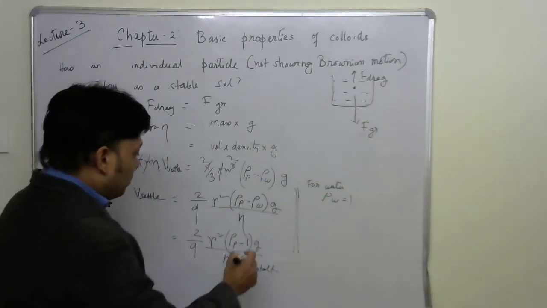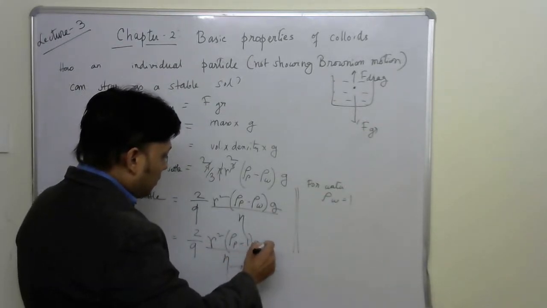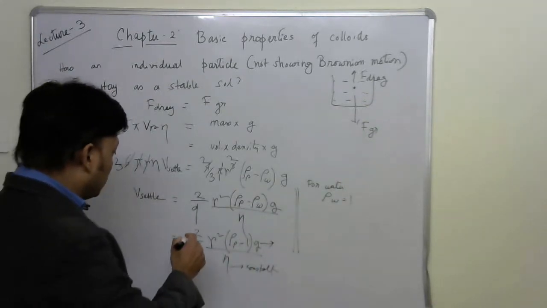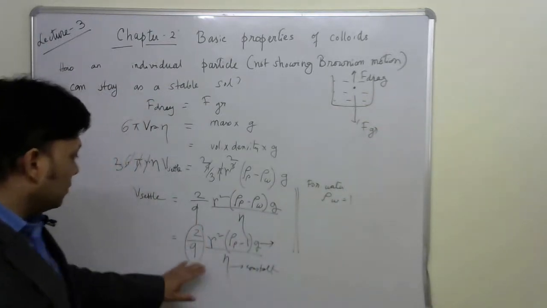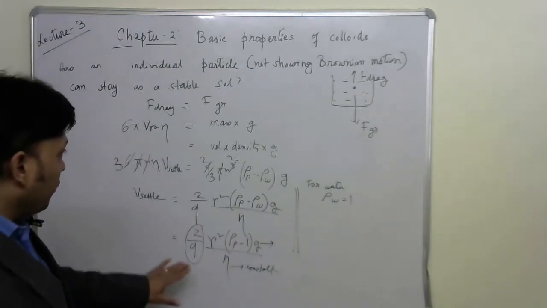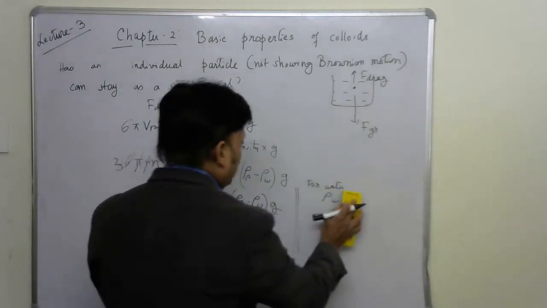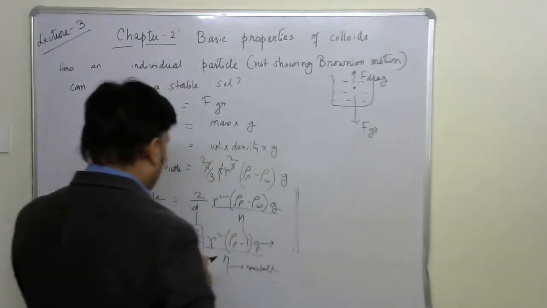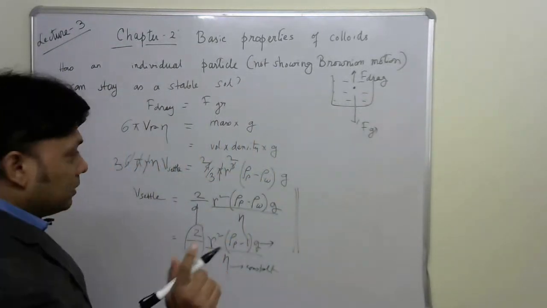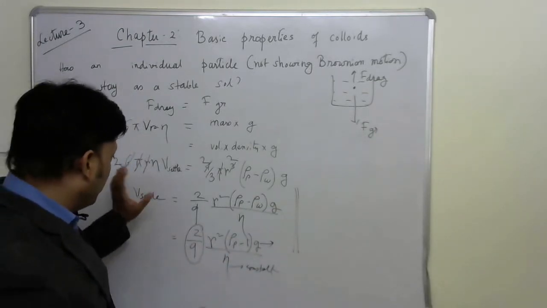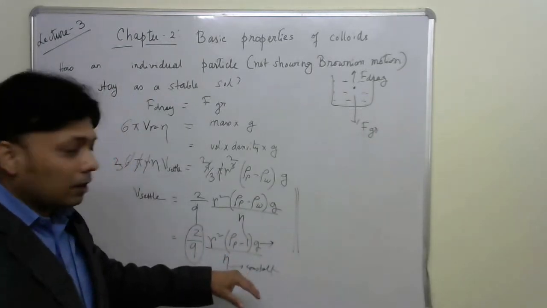And also acceleration due to gravity g is also constant, and this part is definitely a number. So therefore we can write a very important observation: for a fixed medium, how does the velocity of settlement vary?